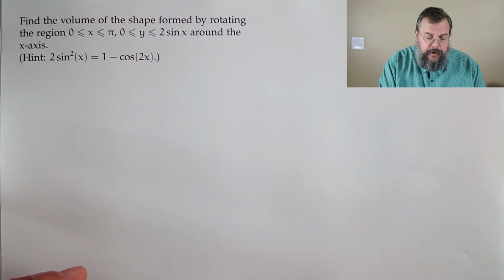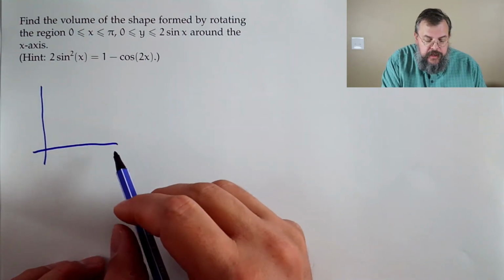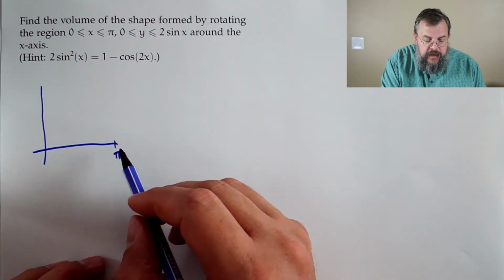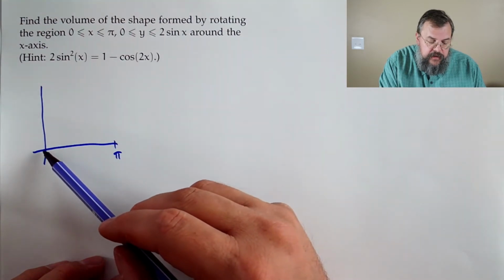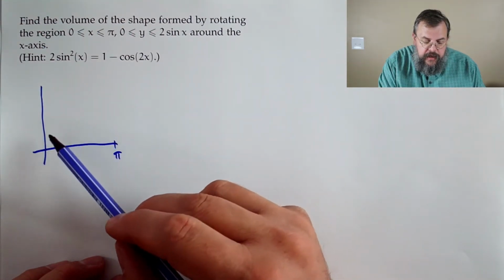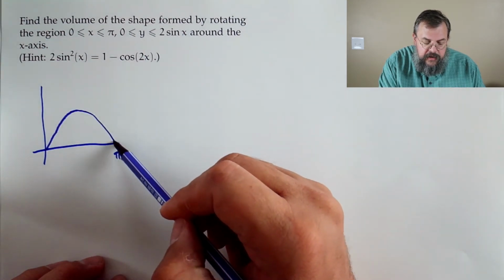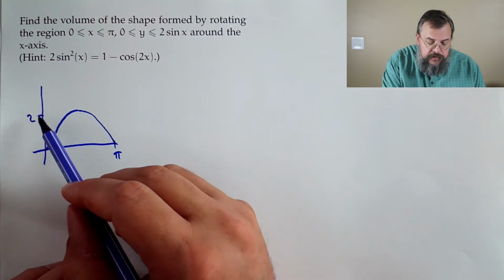So let's think about our basic setup here. We're going from 0 up to pi, so let's say this is pi. Now sine of x normally goes from 0 to pi in this way. 2 sine of x looks similar, it just goes up a little bit higher, all the way up to the value of 2.